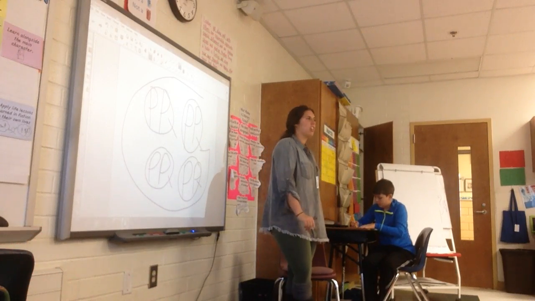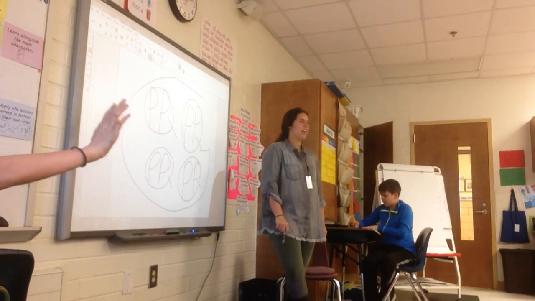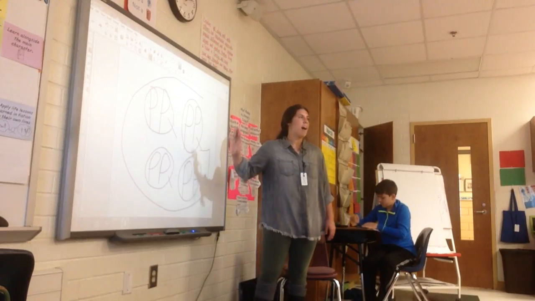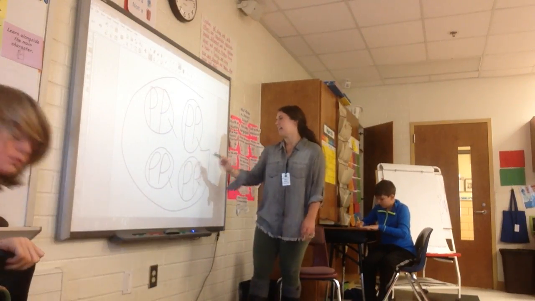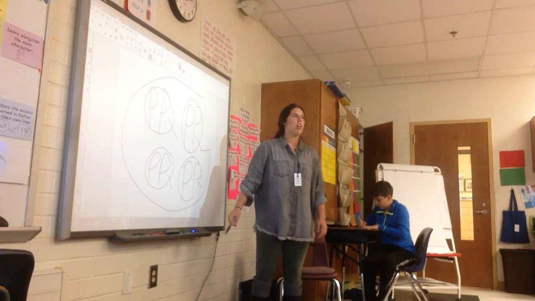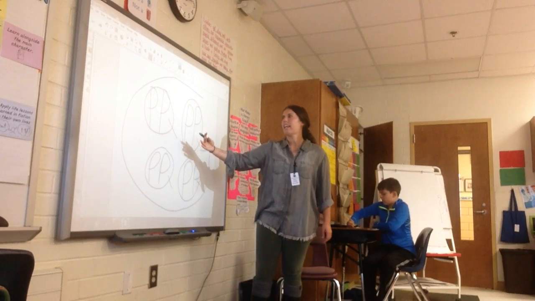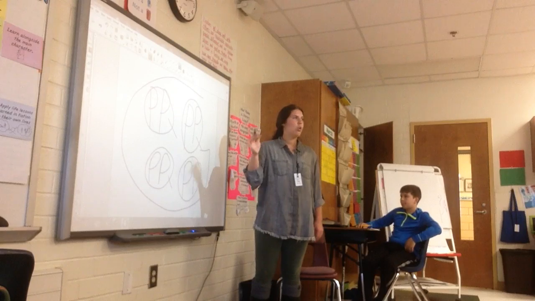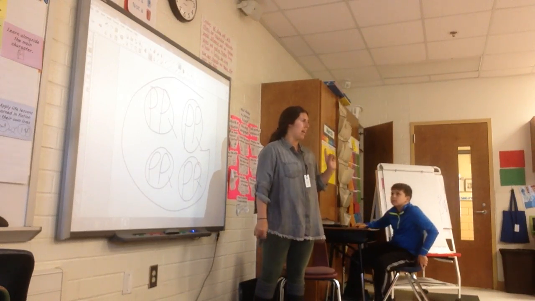How many pints are there in a gallon? Alicia. 8. Because if we count all the pints together, there are 1, 2, 3, 4, 5, 6, 7, 8. So far we got 1 gallon. There are 4 quarts in a gallon. There are 2 pints in a quart and 8 pints in 1 gallon.